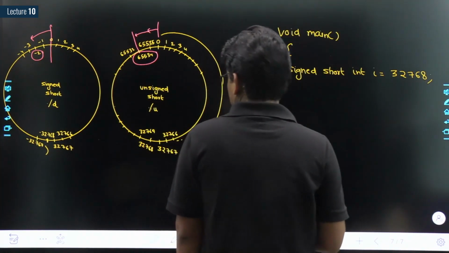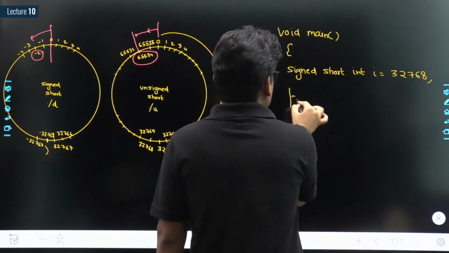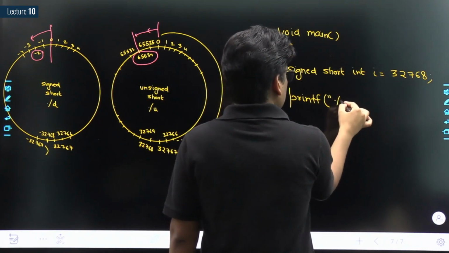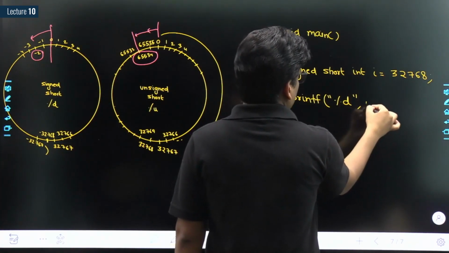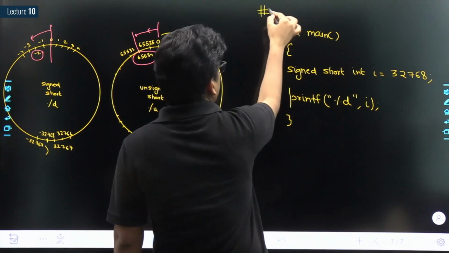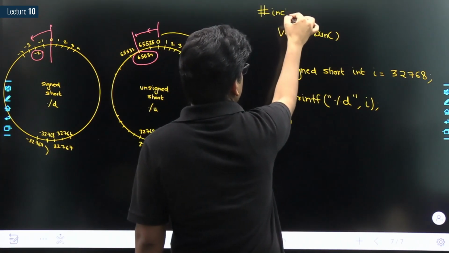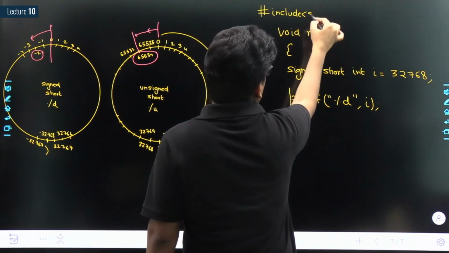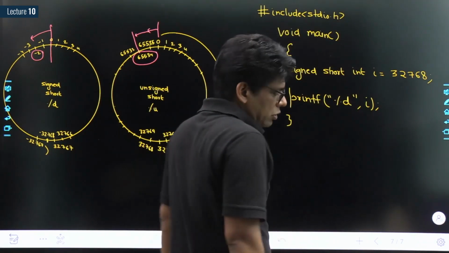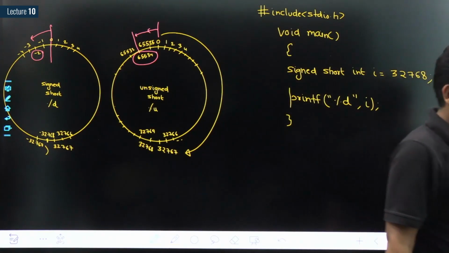Okay, 32768. And let me print %d comma I. See, don't forget to mention this. Think for a moment and do let me know what should be the output of this code.